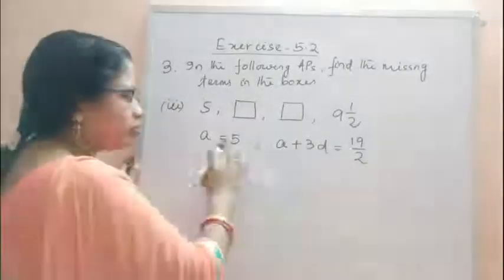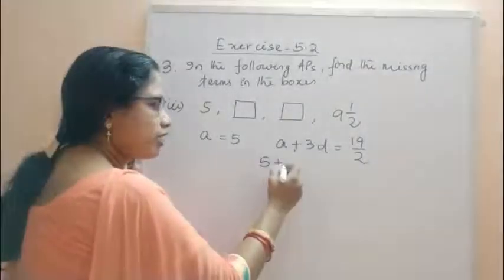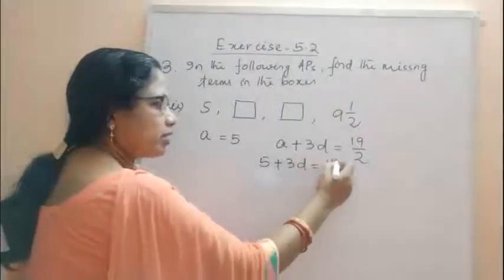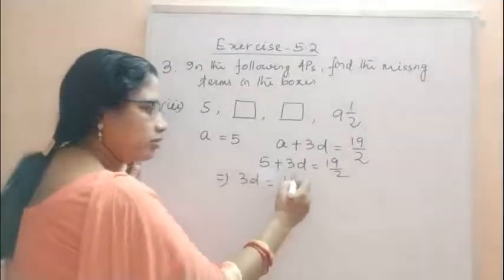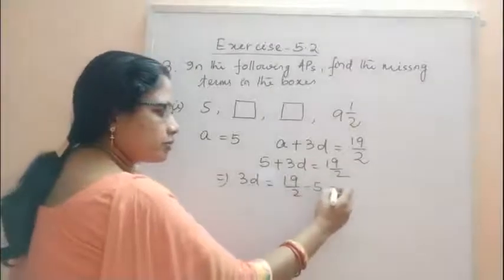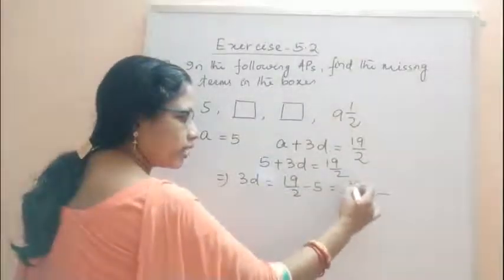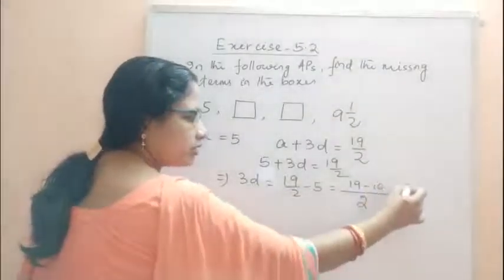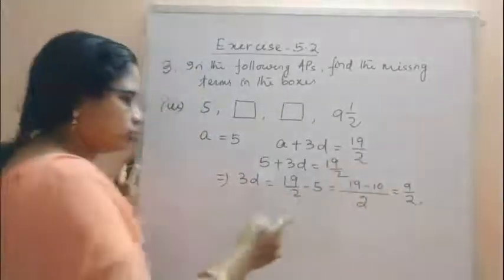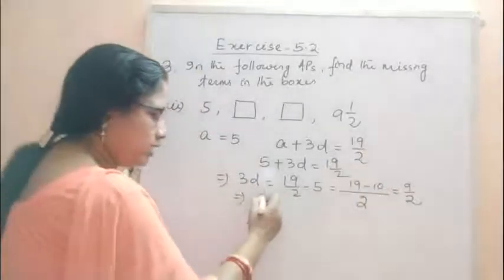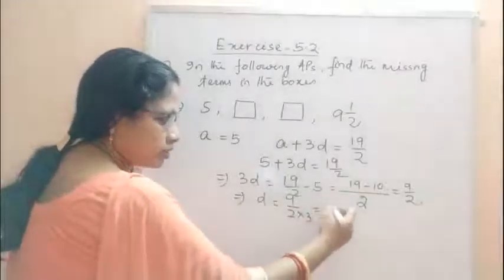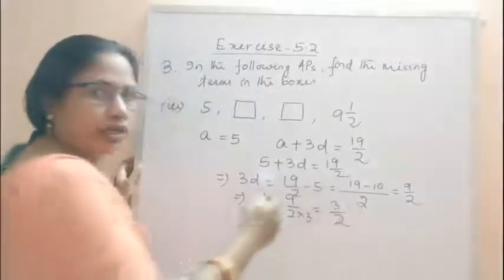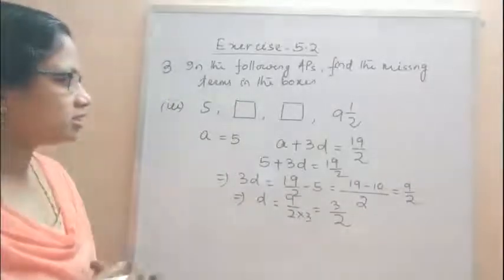So put the value of a: 5 plus 3d is equal to 19 by 2. So 3d is equal to 19 by 2 minus 5, that is 19 minus 10, that is 9 by 2. So d is equal to 9 by 2 divided by 3, which is 3 by 2. So our d is 3 by 2.